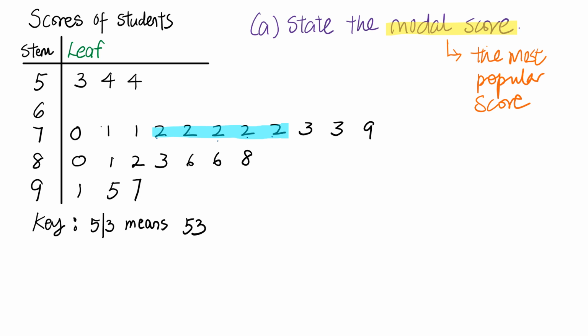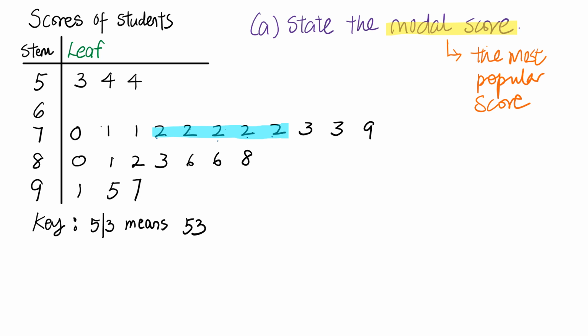What do you mean by most popular score? It's the score that the most number of students get.